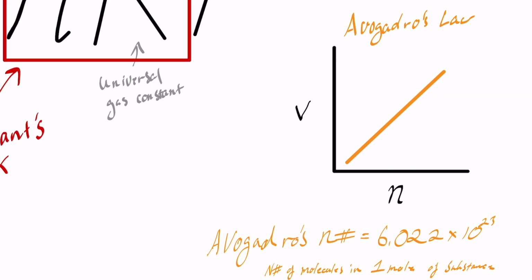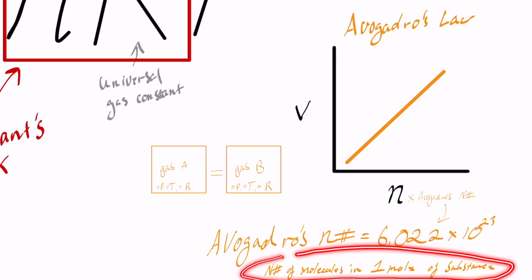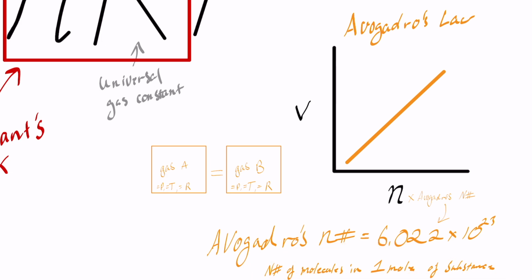What's really cool about this relationship is that if I have two gases, gas A and gas B, in the same volume represented by these boxes here, with the same pressure, the same temperature, and the same universal gas constant, I can then figure out the amount of moles, and then I can multiply the number of moles by Avogadro's number to then figure out the number of atoms or particles or molecules in each of these boxes, which should equal each other if all else is kept constant.